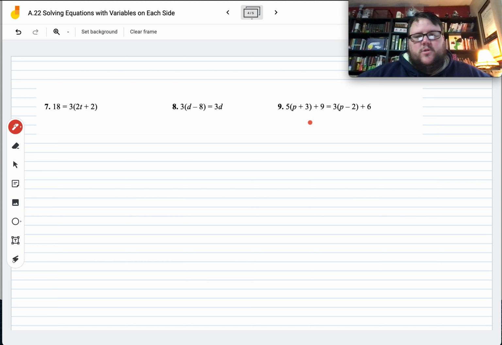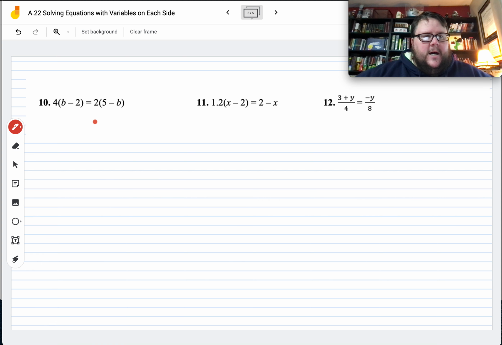Number 9, you're going to have to use the distributive property. I wouldn't mess around too much with 10. I would distribute if I were you, because 2 and 4 are not the same number, and it's really not going to change things. Same thing with number 11, distribute.